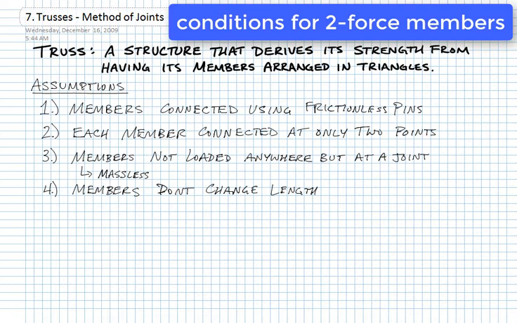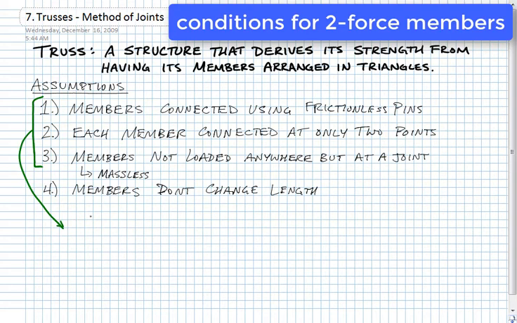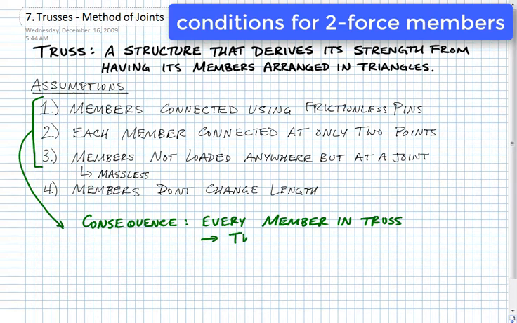The consequence of these first three assumptions here, which are kind of the key, is that every member in a truss can be thought of as a two-force member.